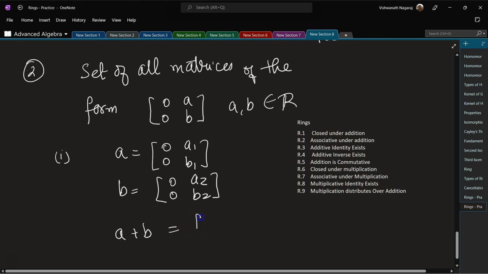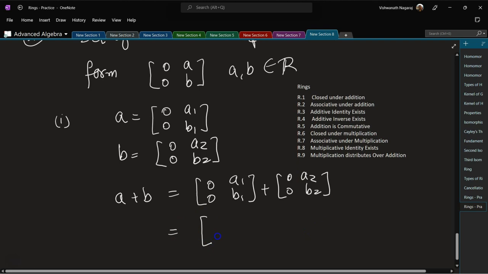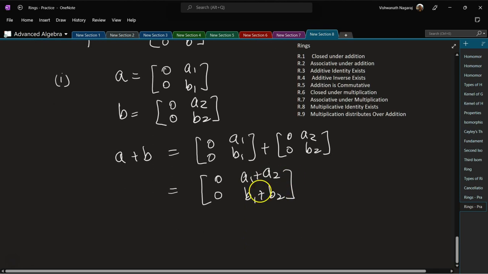So A plus B is equal to [0 0; a1 b1] plus [0 0; a2 b2]. And we know this would be equal to [0 0; a1 plus a2, b1 plus b2]. You have to be very clear about why we are saying that this is also in the ring.